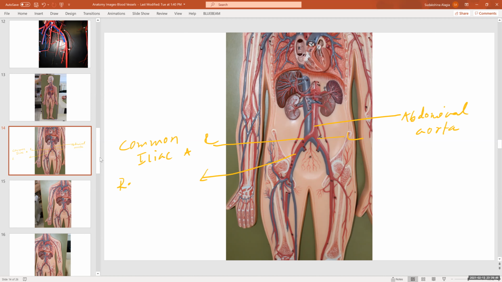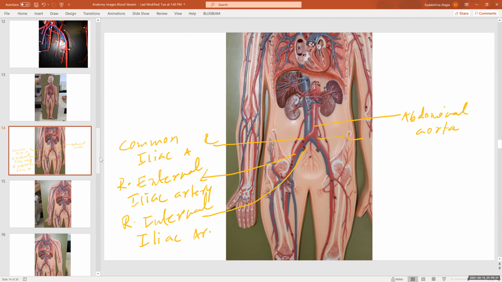here it's right external iliac artery, and here this is right internal iliac artery.